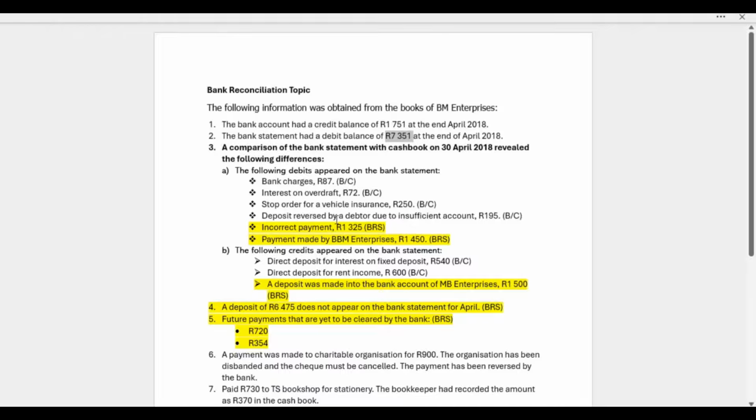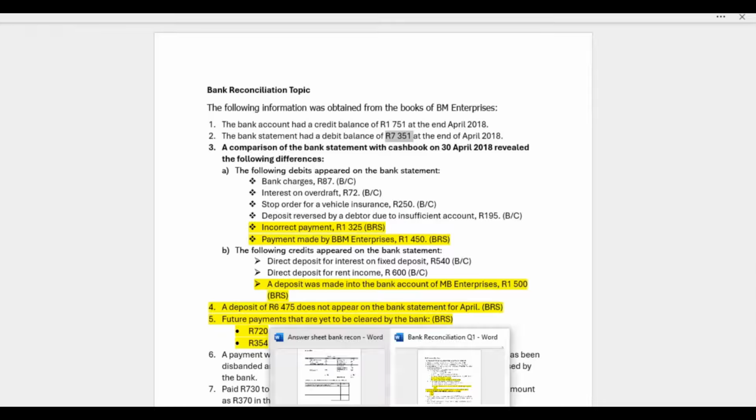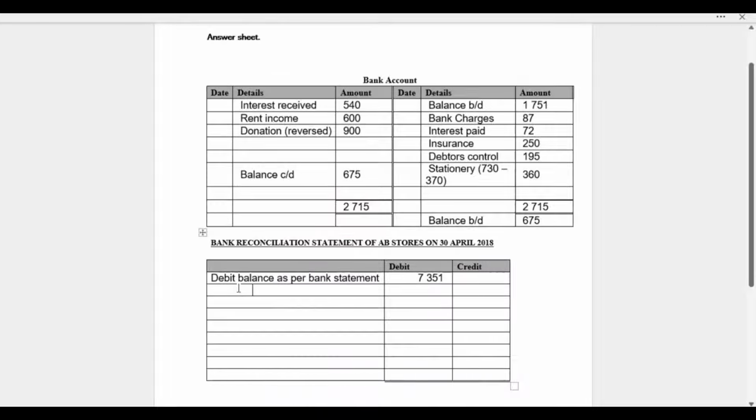Remember, whenever we make a payment in the bank statement, we must debit. Therefore, when we correct in the bank reconciliation statement, we must credit, we must reverse the money. So we go to the answer sheet and say credit incorrect payment.